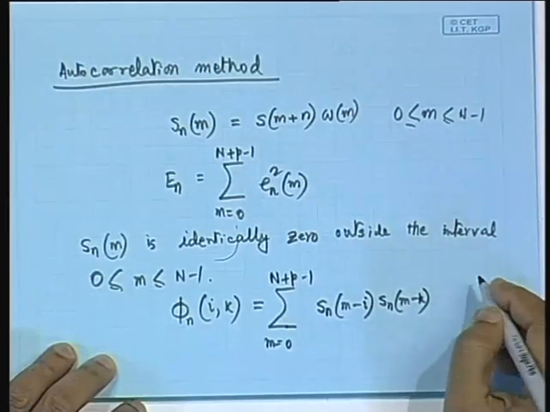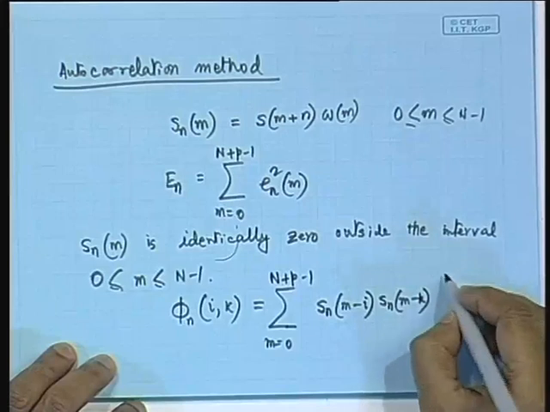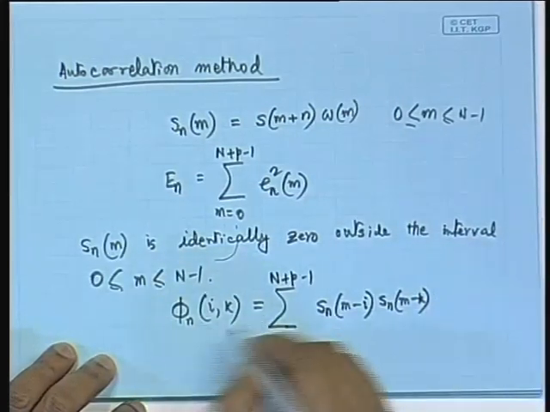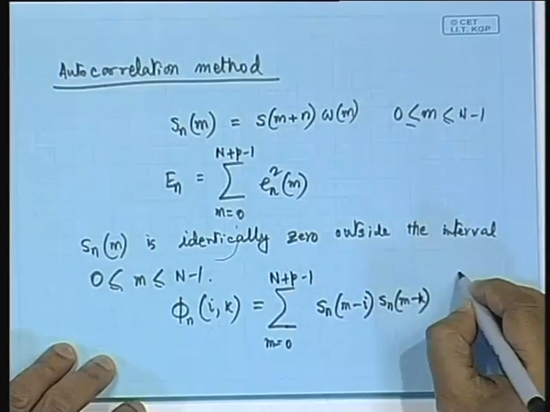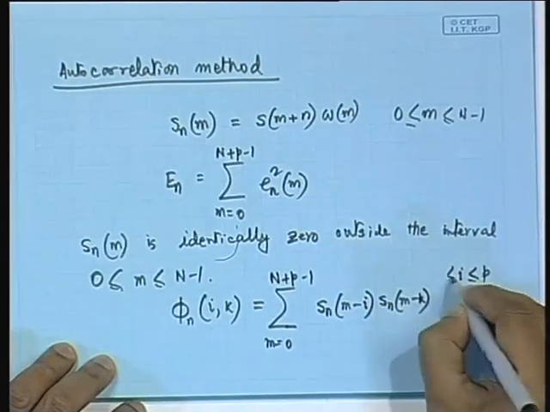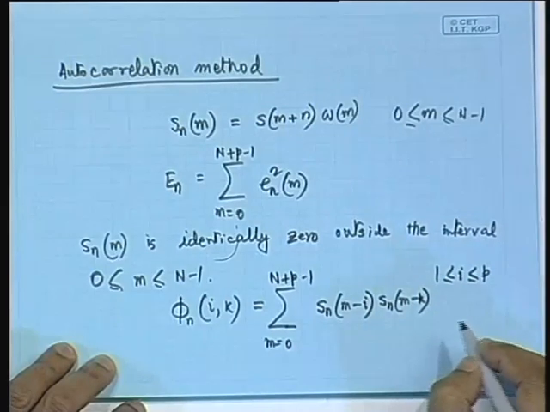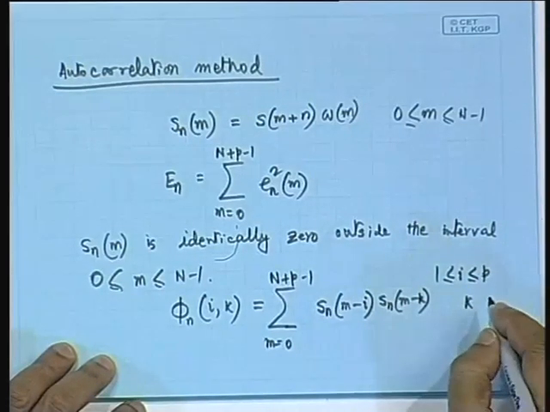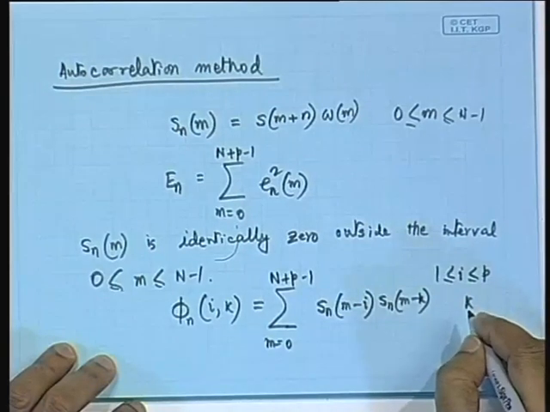And in this expression we have to say how many such i, k's are possible. Now i can vary between 1 and p, okay, and k is for the prediction, so k can also assume a value of 0.